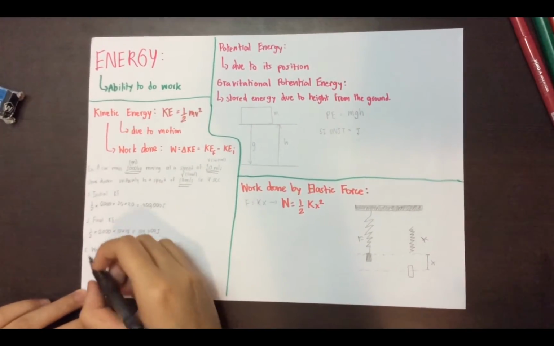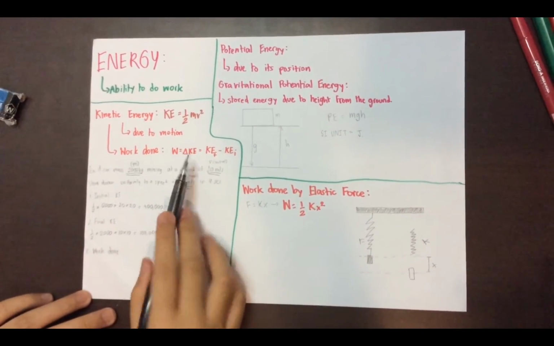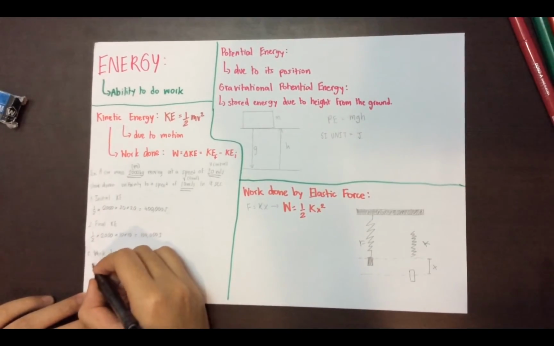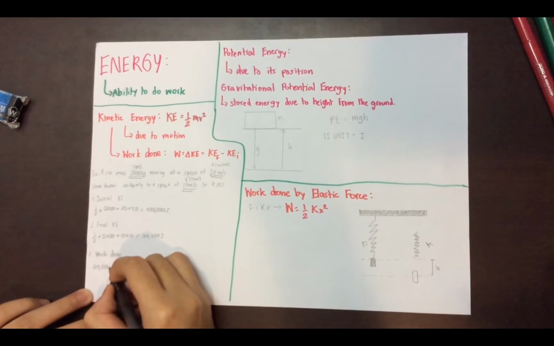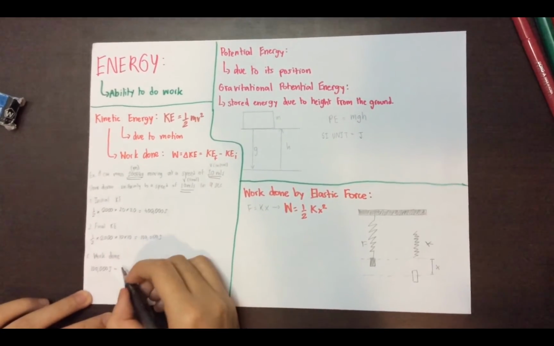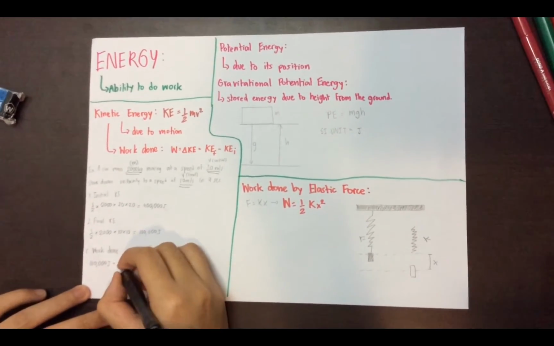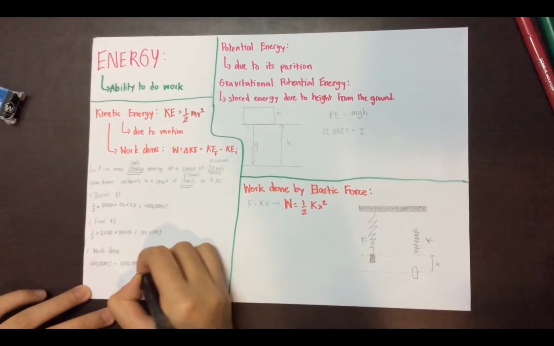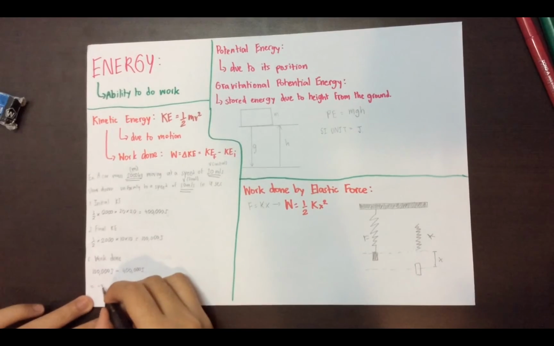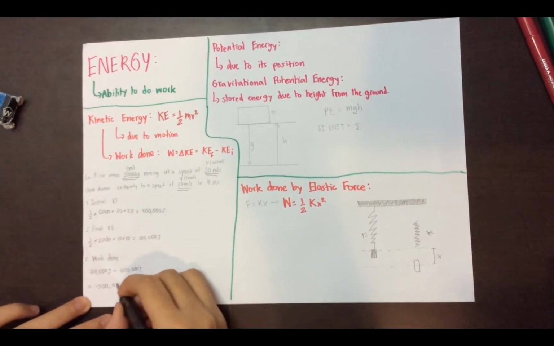For work done, we use the formula delta KE, so KE final minus initial KE. So we get the answer for work done.